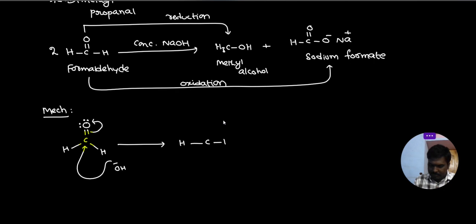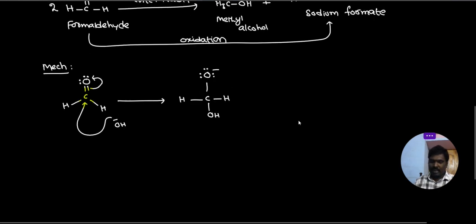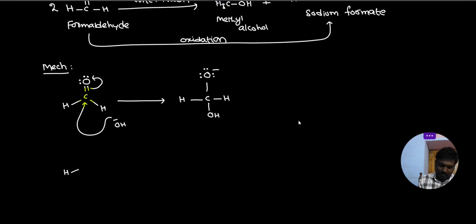Then one unstable tetrahedral intermediate is formed. Now you can take the second mole: second formaldehyde plus the first unstable tetrahedral intermediate.